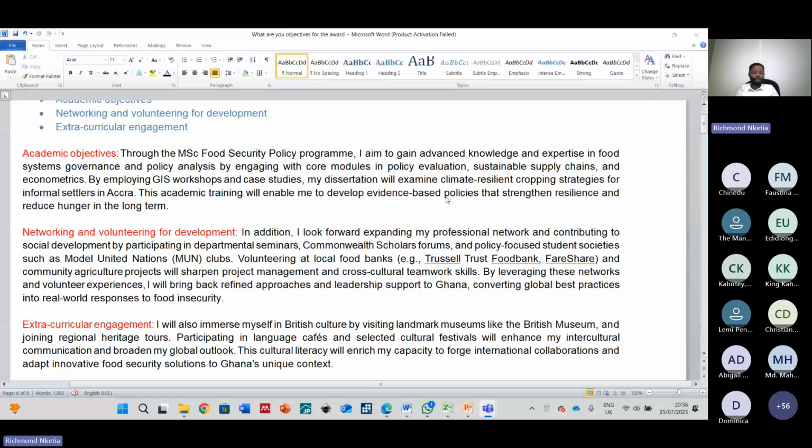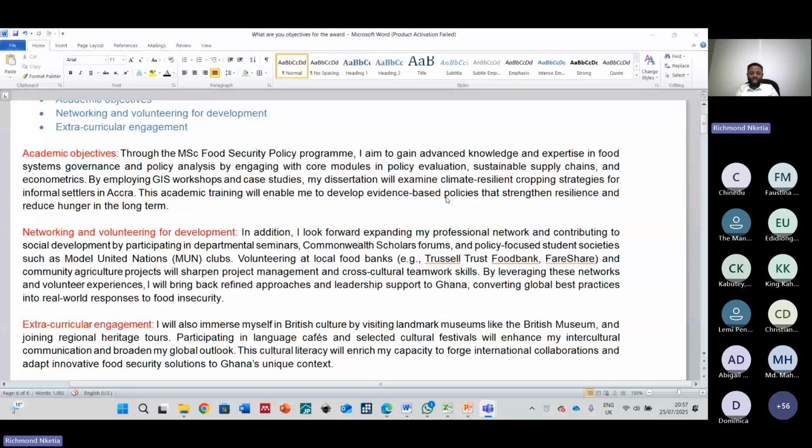So we have a food bank here called the Trussell Trust Food Bank and the Fair Share. So you want to volunteer with them and community agricultural projects going on in the UK. There are a number of volunteering opportunities if you come to the UK, and you can participate in that to sharpen your project management and cross-cultural teamwork skills.